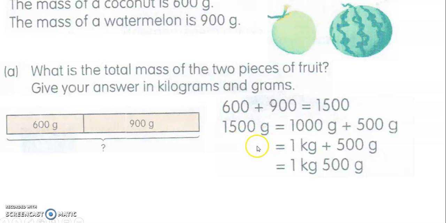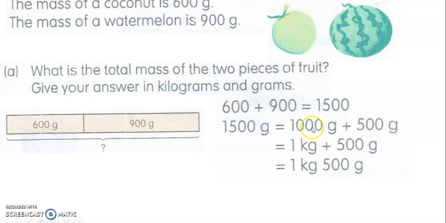So I need to convert some of the mass into kilograms. I will do that by splitting the 1000 from the 500. So I can say 1000 grams plus 500 grams. This is like 1500 grams, but we just separated the 1000 from the 500 grams.